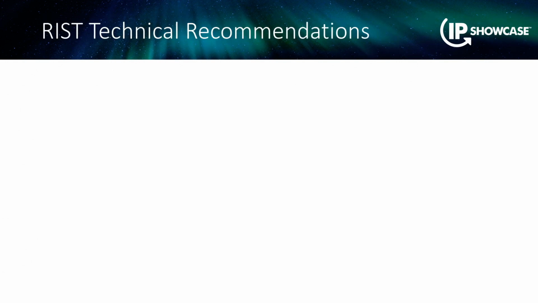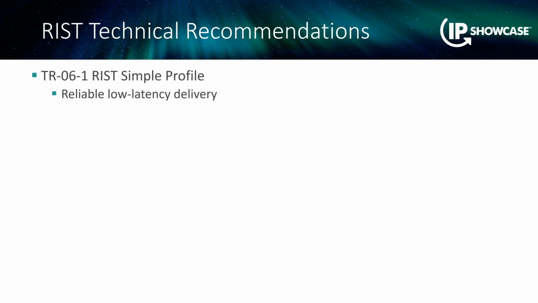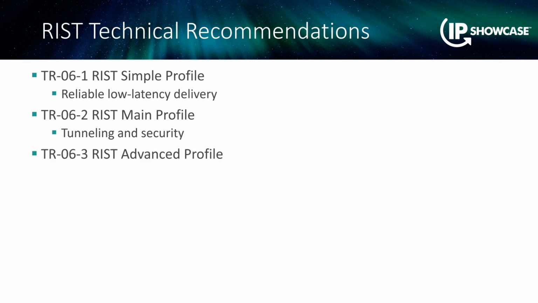All right. Let me talk about some RIST technical recommendations and show you where it fits. TR-06 is RIST simple profile. It's basically low latency, reliable delivery. TR-06 main profile gives you tunneling and security. And TR-06 advanced profile makes RIST capable of carrying other protocols.